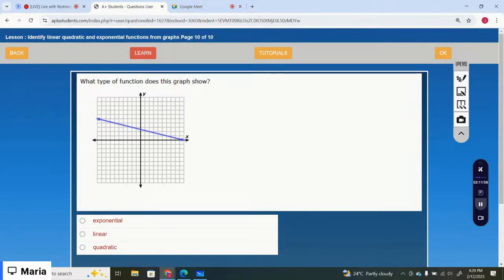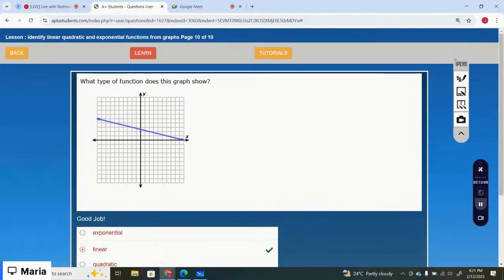What type of function does the graph show? That is the linear function. Okay, we are done with the lesson. Let's just move on to the next lesson.